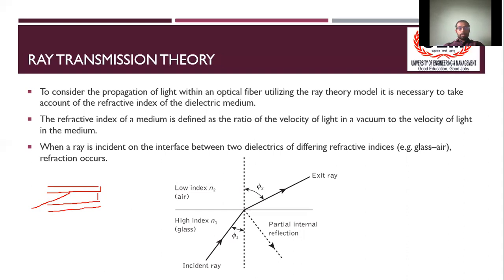So if I cannot pump the light in at a certain angle, then what will happen? This light ray, due to Snell's law, will refract into the cladding region. And obviously we don't want the light ray which is incident into the core to refract or leak into the cladding region, because then we are actually losing the information, or the signal, that we are going to transmit.